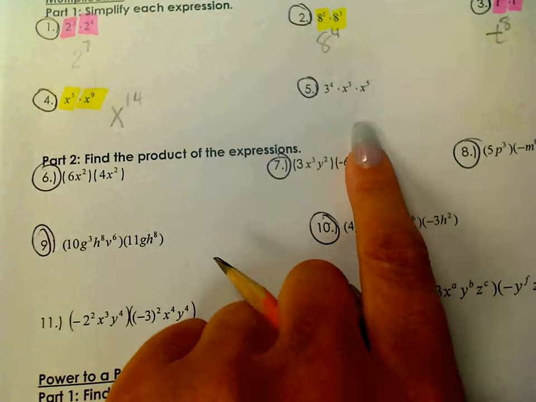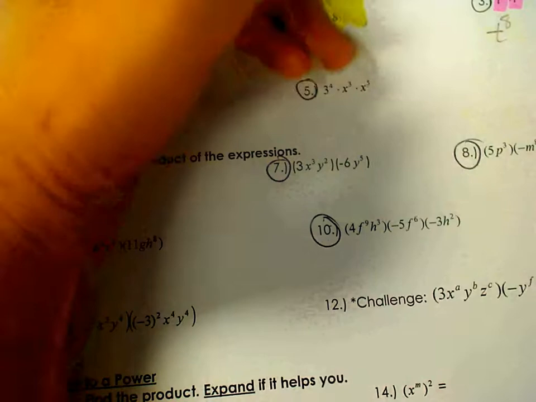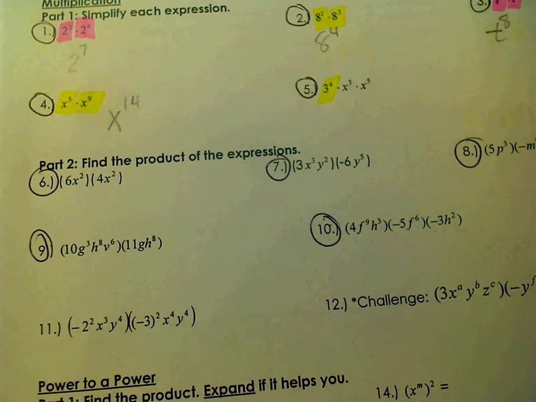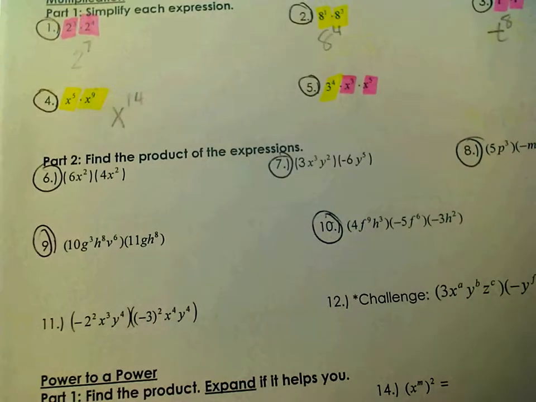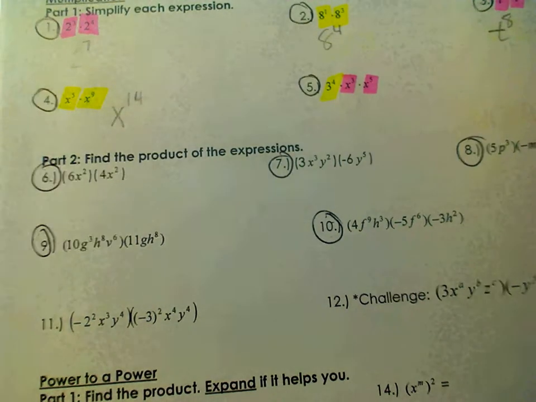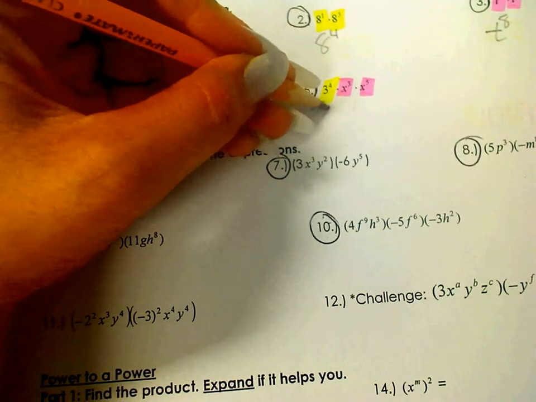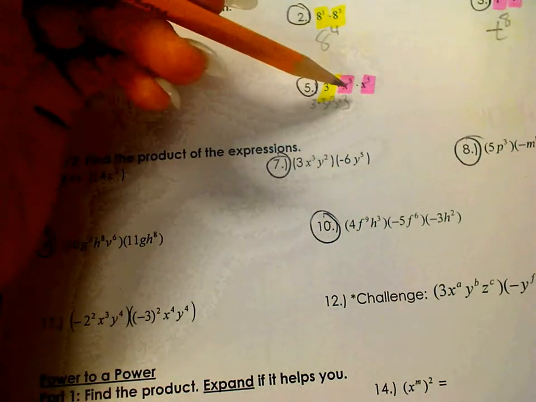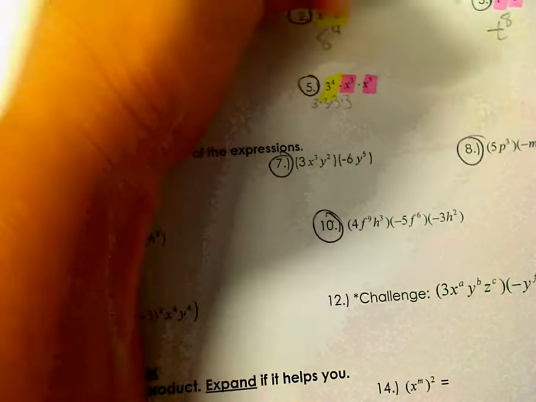Okay, here's where we have some bases that are different. So 3 to the 4th power, that's one, and then you have the x's, those have the same base. So we have 3 to the 4th power, which is 3 times 3 times 3 times 3. And then we have x to the 3rd power times x to the 5th power, which is x to the 8th power.